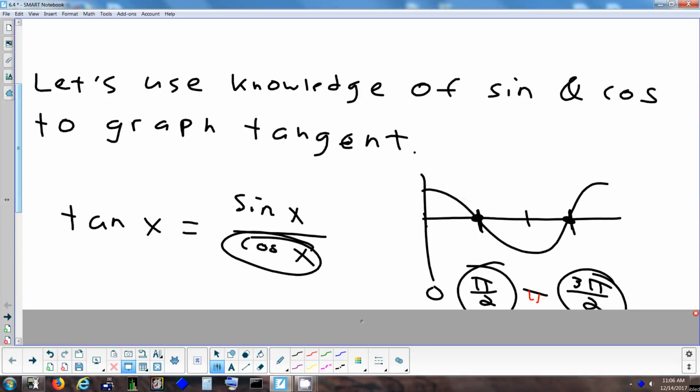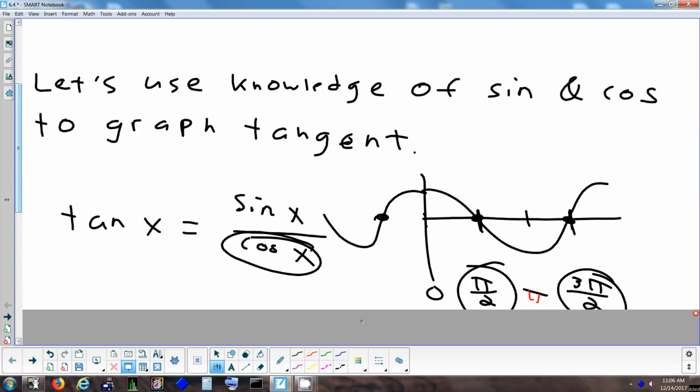Now, if you're wondering, how often do you have asymptotes? How often does the graph of cosine cross the x-axis if you continue it forever? Forever. So it's just going to keep crossing the x-axis. But we know where. We can predict it. It occurs regularly. It's not like it occurs randomly.